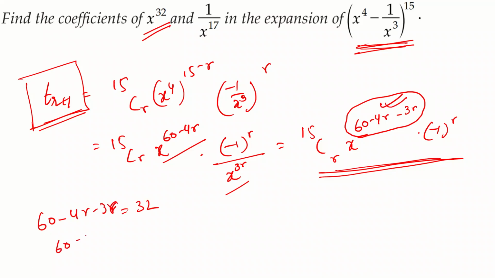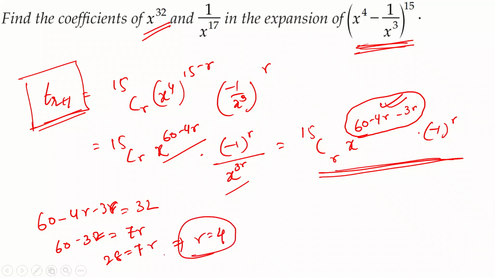So we get 60 minus 32 is equal to 7r. So 60 minus 32 is 28, which is equal to 7r. That means r is equal to 4. So if you put r is equal to 4, you get the power of x to be 32 in this case. Okay, so we know that putting r is equal to 4, we get the fifth term.